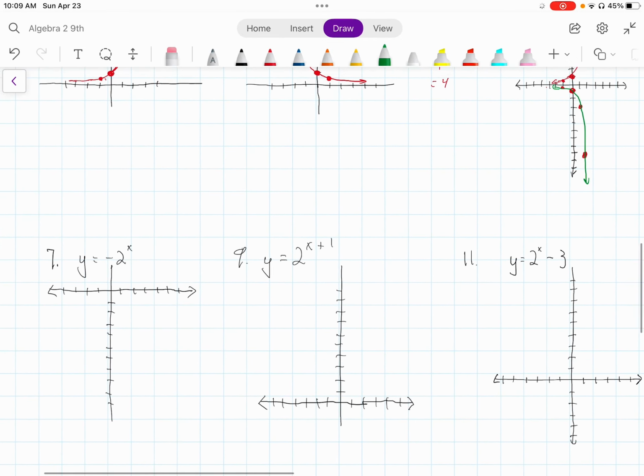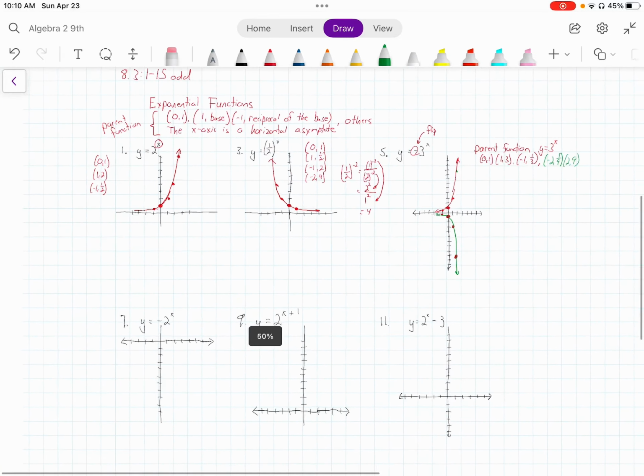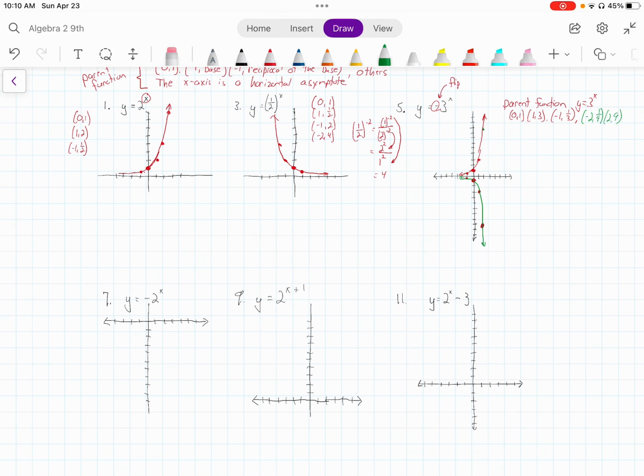Well, number 7 is going to be similar. In fact, if you look up at number 1, we already did 2 to the x. Negative 2 to the x is just going to be that one flipped over. So we can take the points from this and we can flip it. We could start by graphing y equals 2 to the x and then flip, but we already have it.